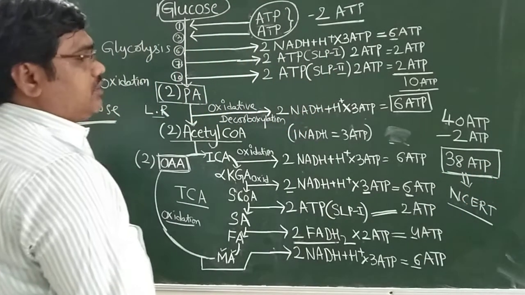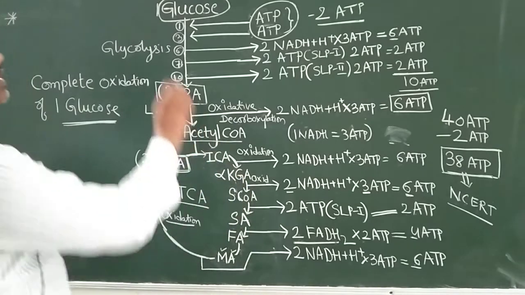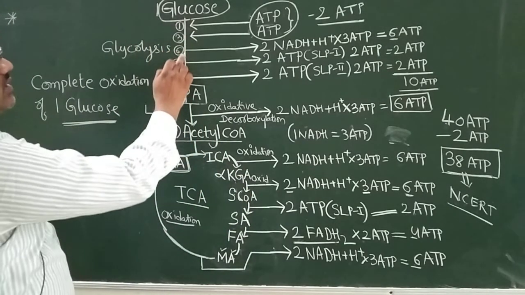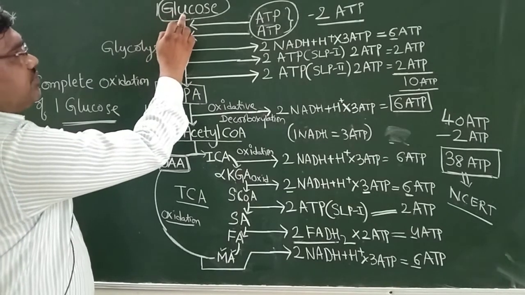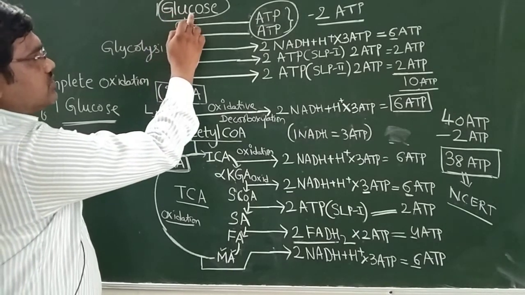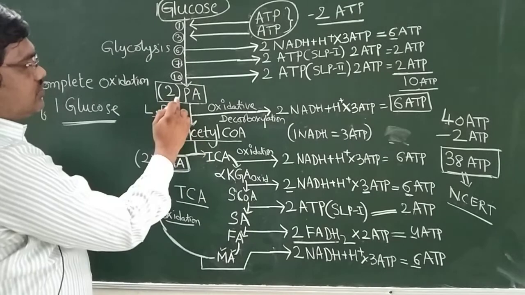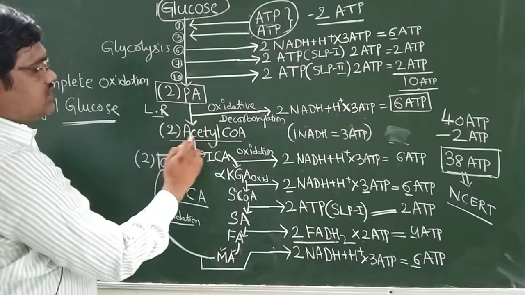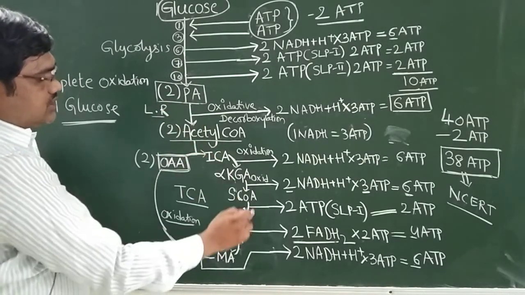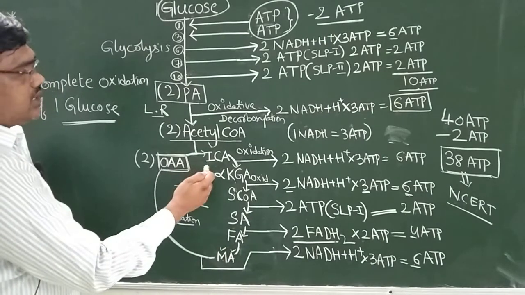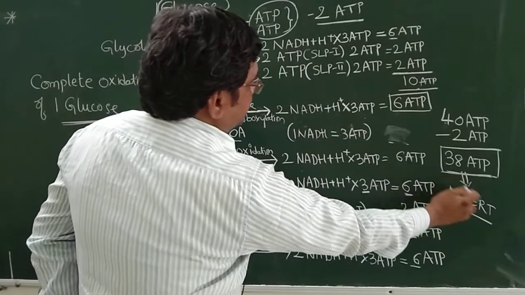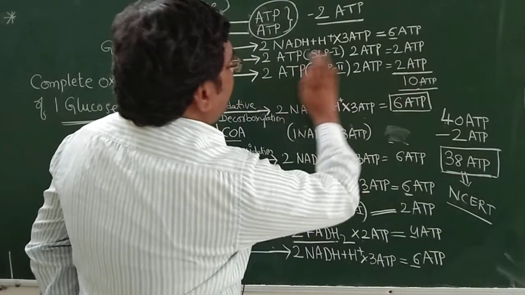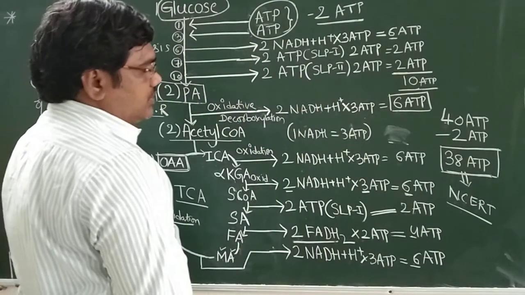Once one molecule of glucose is completely oxidized, it is converted into 2 molecules of pyruvic acid, then acetyl-CoA. That acetyl-CoA participates in the Krebs cycle, then produces the 38 ATPs. So this statement is given in the NCERT biology book.